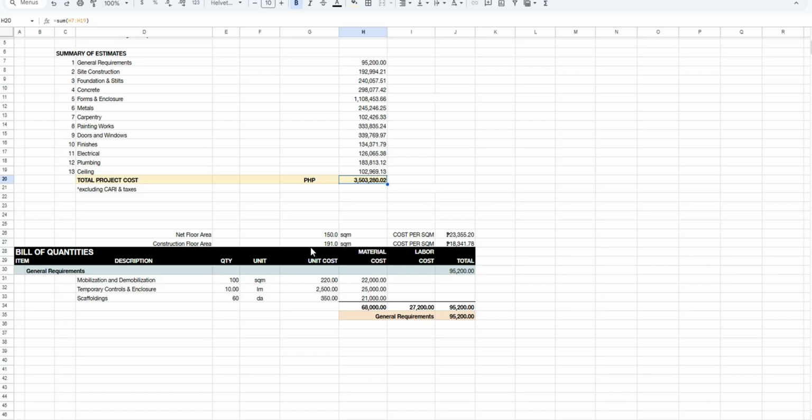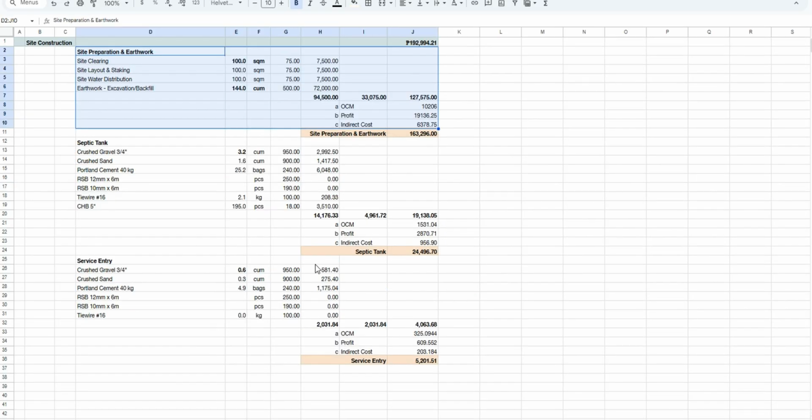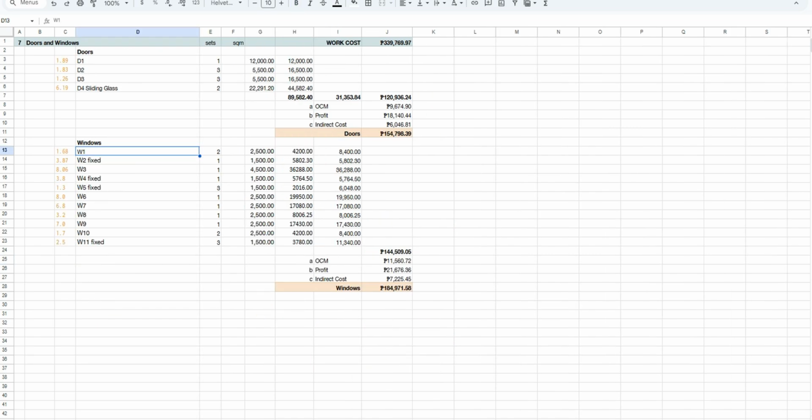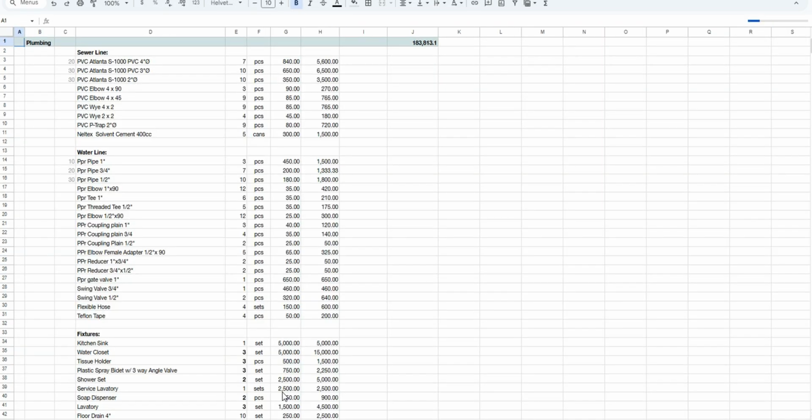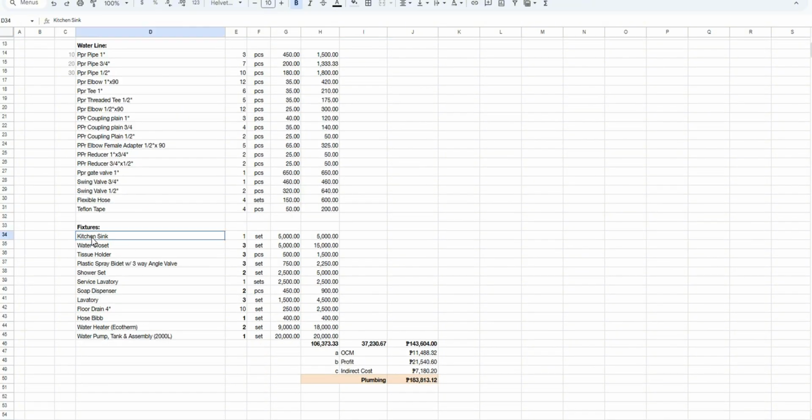But for us as direct professionals who can do design and build services, we can actually put a clause, for example, for site construction until, let's say, number 12, until plumbing, we can put a fixed cost. But if you decide to go to a kitchen sink and upgrade it, then we can do plus minus.